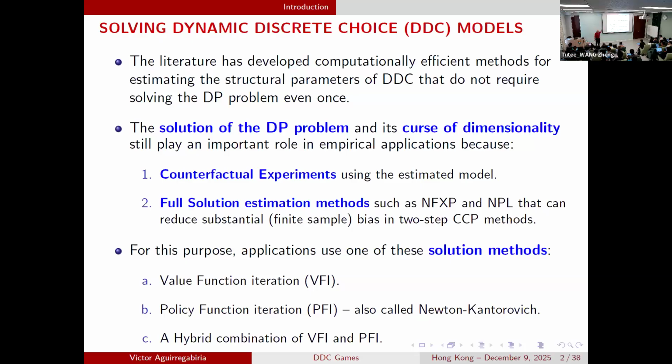Okay? This computational burden of solving dynamic programming problems, of course, is subject, as is well known, to a curse of dimensionality. The cost of solving dynamic programming problems increases exponentially with the dimension of the state space, and it can become very costly even for, let me say, a modest state space, okay?